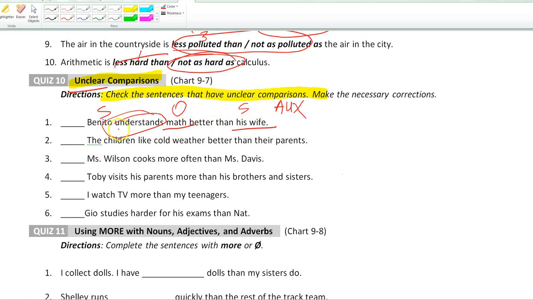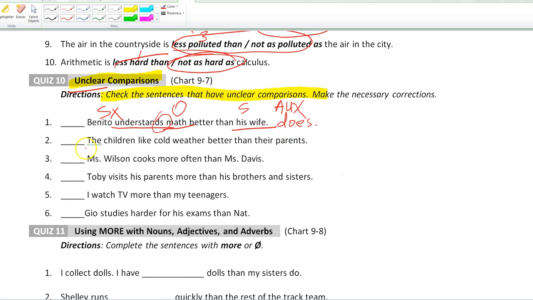Okay, so let's look. Do we have an aux or modal? Well, our verb is understand. And there is no aux or modal. Well, when we have no aux or modal, what do we use? We use do. Okay, and we need do in the present tense for a she. So that would be does. Benito understands math better than his wife does.